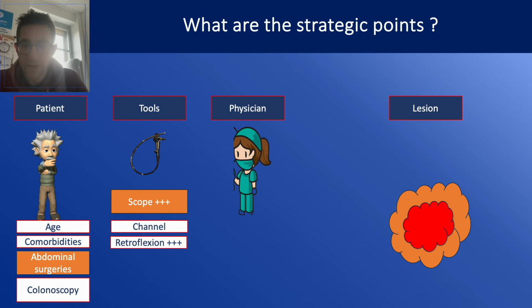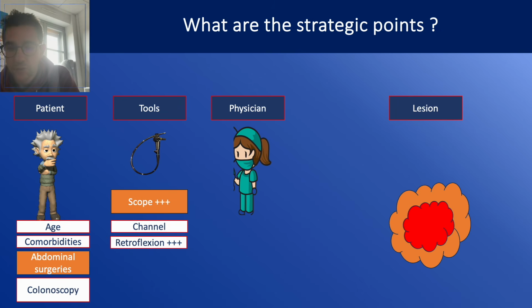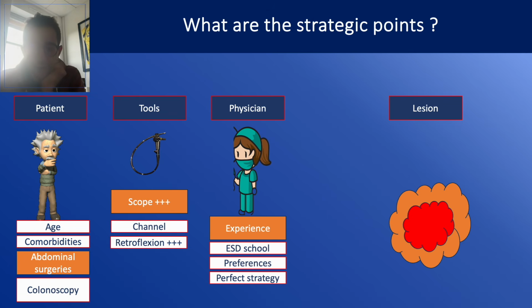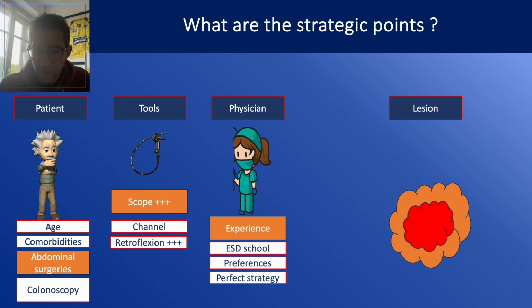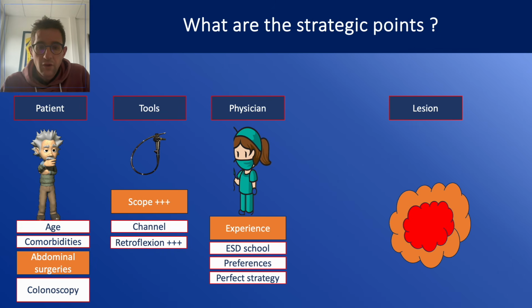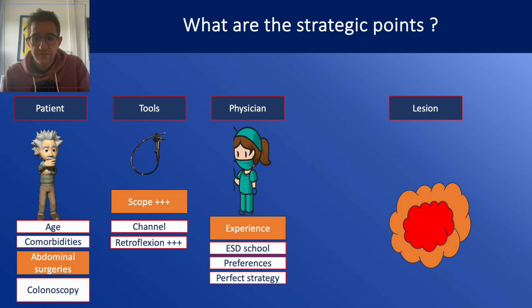About the physician now. Which scope do you have? Which channel? Which retroflexion power is available? What is your experience? Which part of the ESD learning curve are you at now? I mean, is it a high experience of colonic ESD, or is it one of the first cases in the colon?